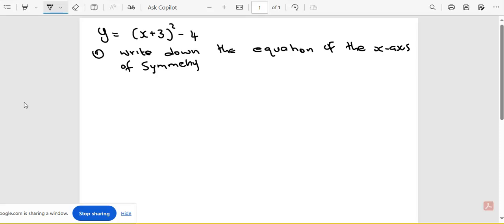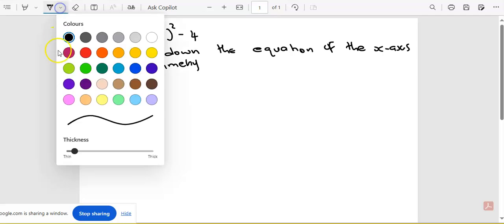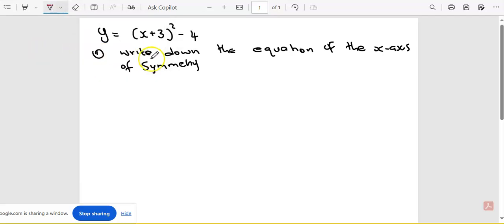So, do you know what the axis of symmetry is? Yes, I think it's the line that cuts the thingy in half, into 2 equal halves. Exactly. And what is the answer for this? Do you know what the answer is?